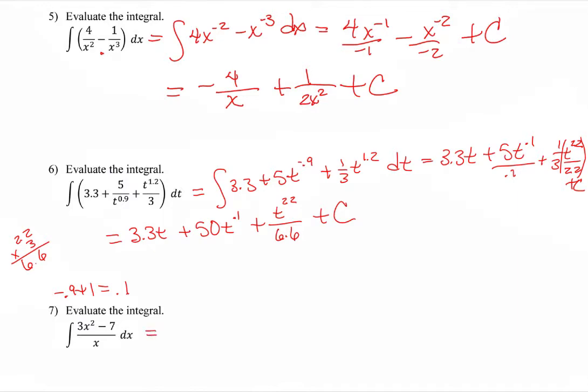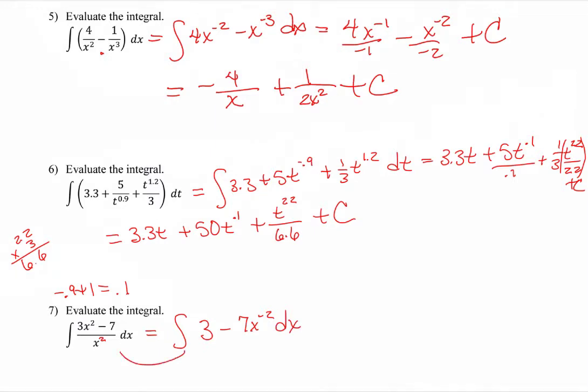This equals the integral of 3. I changed this to a square, so this should be a squared. So this is 3 minus 7x to the negative 2 dx.